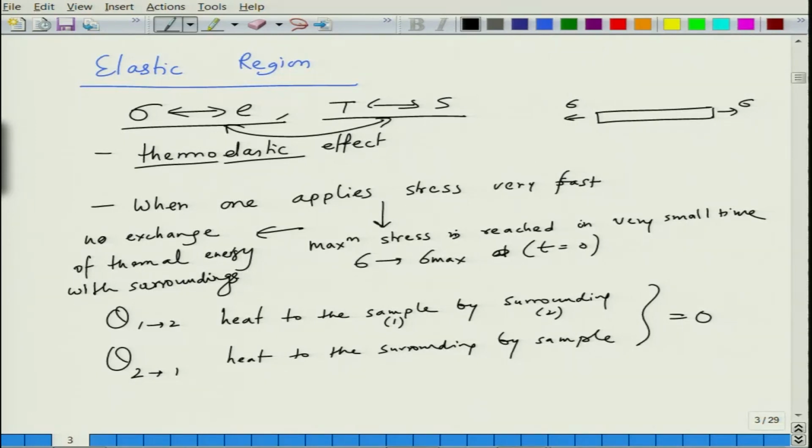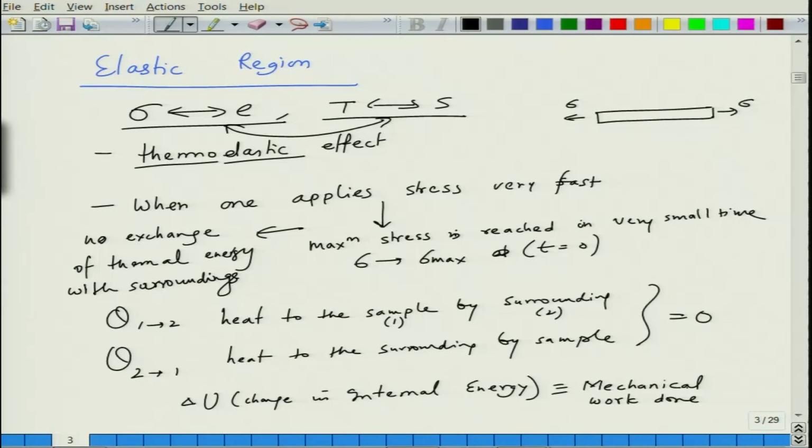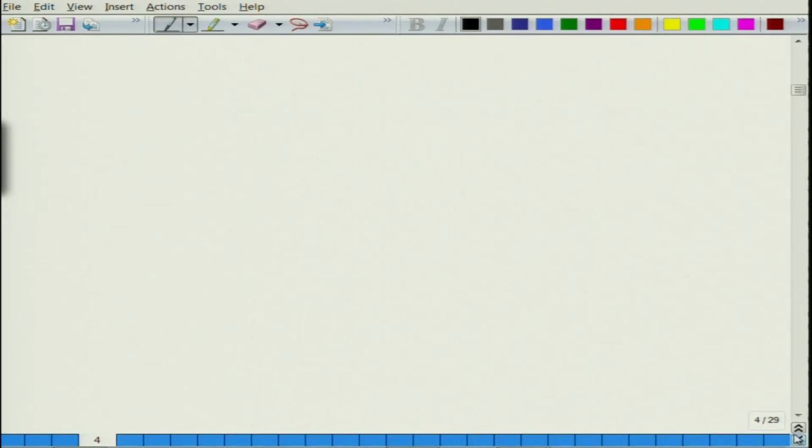So, in this case, the change in internal energy, let us say delta U, is basically by the mechanical work done. And in such a situation, when temperature does not change, entropy does not change.